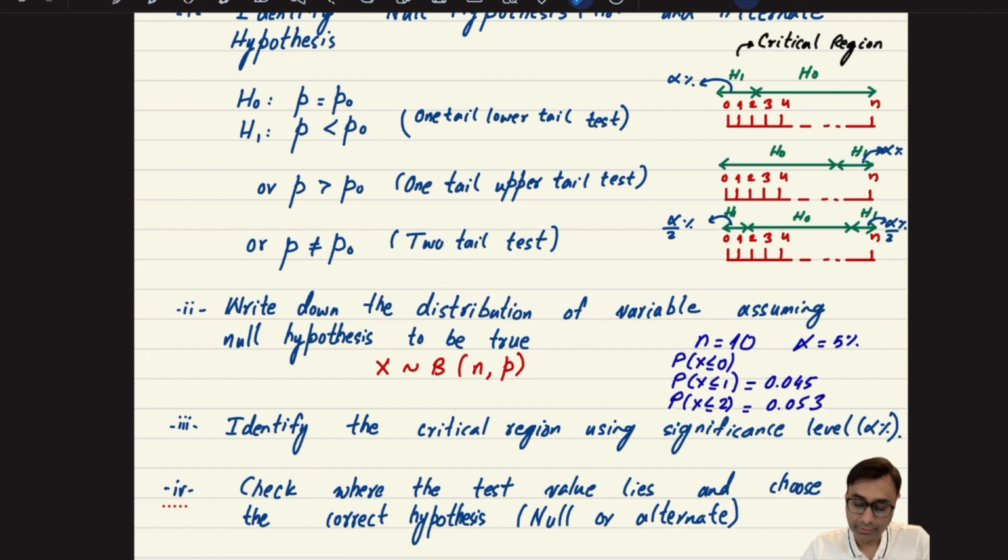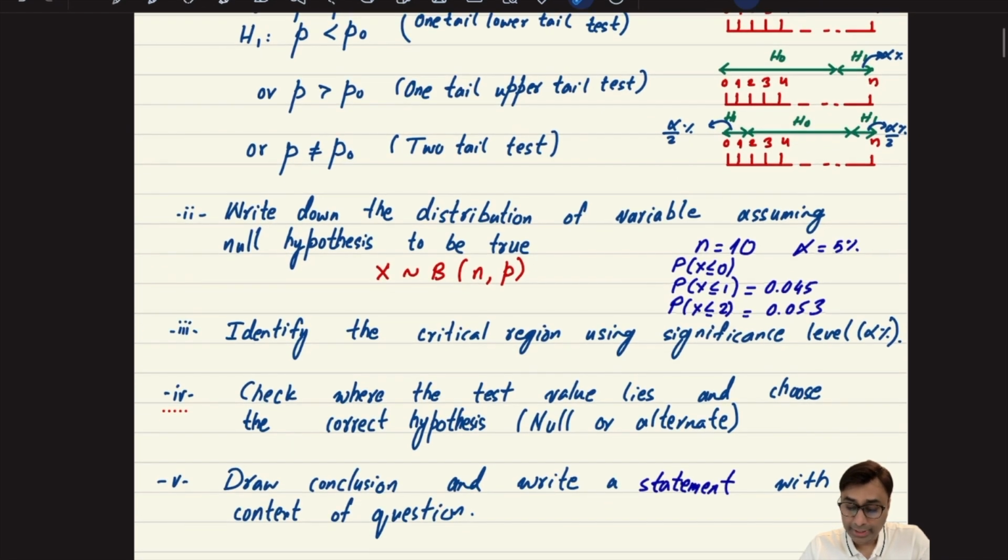If the test value lies in the critical region, then H1, that is the alternate hypothesis, would be accepted. But if your test value lies in the non-critical region, then H0 will be accepted. So based on where the test value lies, you will identify whether you're going to accept H0 or H1, and after that you will write down a concluding statement with respect to the situation.